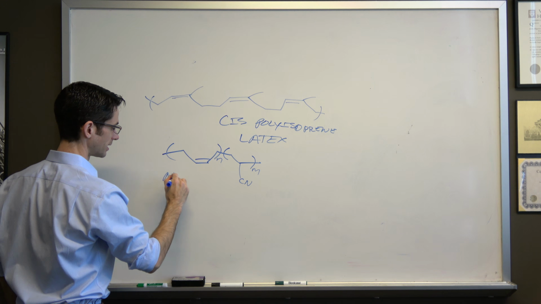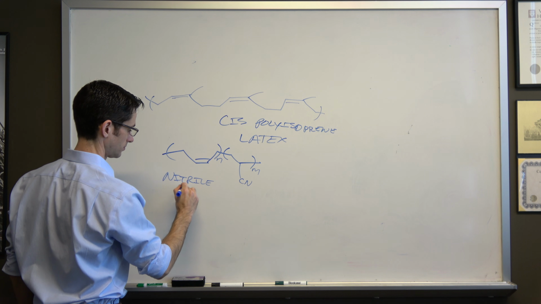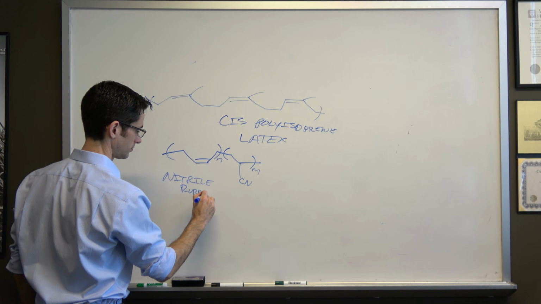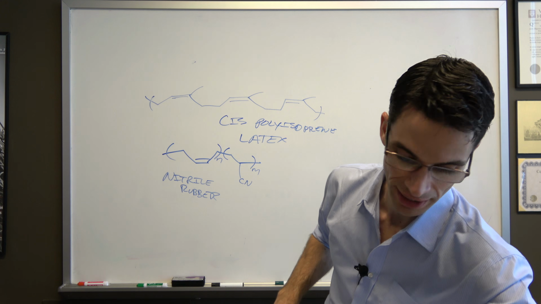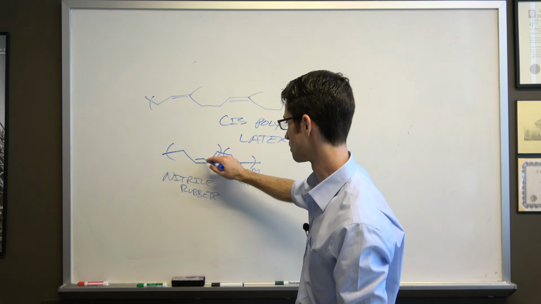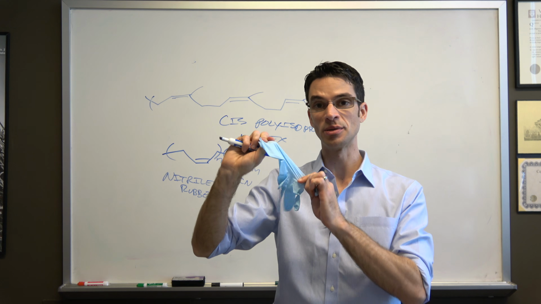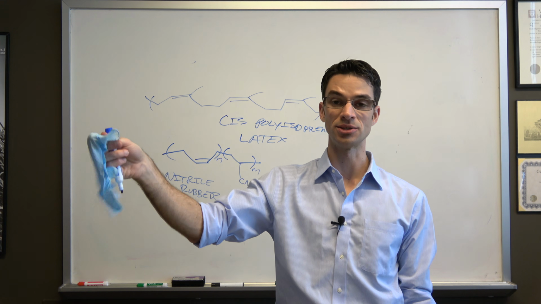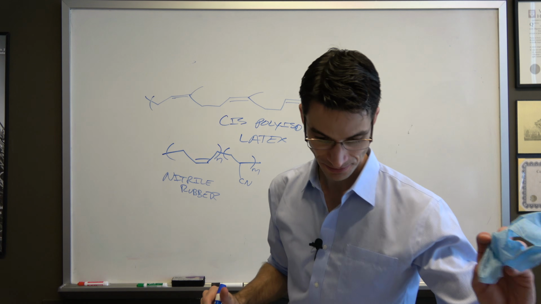This is called nitrile. Polyacrylonitrile copolybutadiene, which is this segment, and that gives you this material. It tends to be more chemically resistant, which is why it's used in chemical laboratories.